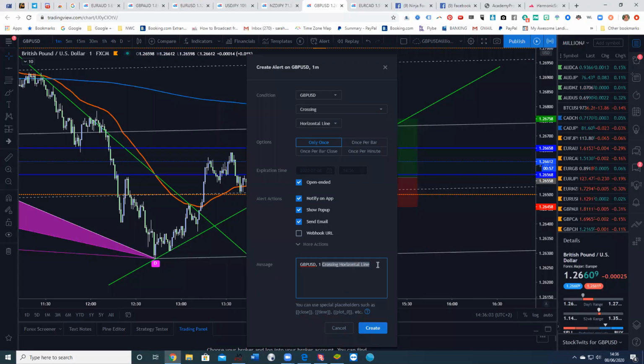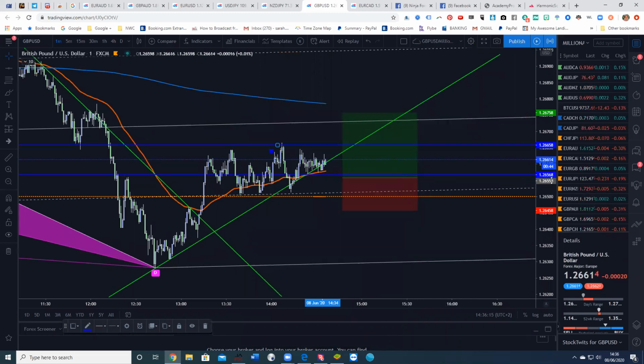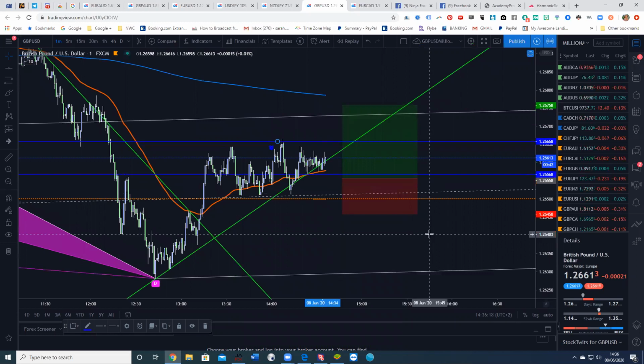I do change the writing here. I just put stop profit in, then I just take my phone with me with my TradingView, and I know to come and change that. So that's how I take a trade.